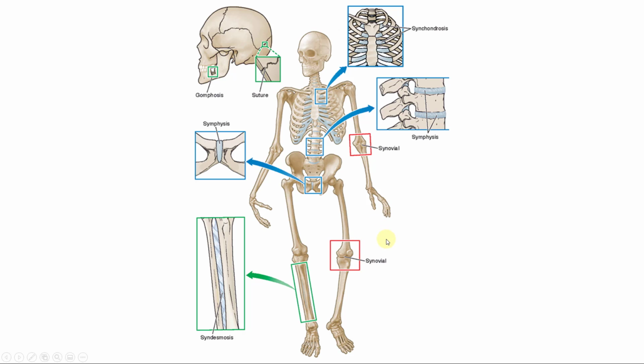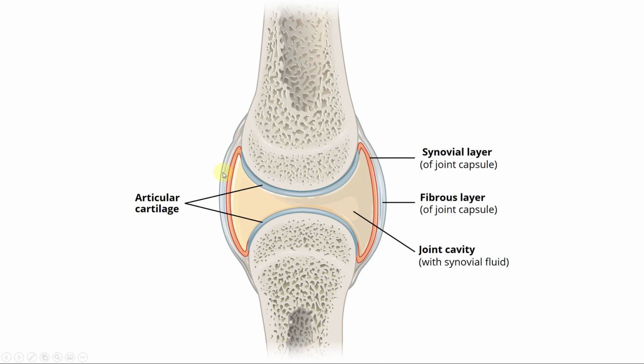Most of the joints that we shared in that little list, the elbow, knee, ankle, and so forth, are called synovial joints. And they're called synovial because they have a joint capsule. So you have the two bones coming together. This is the contact point between these two bone surfaces, and you have articular cartilage, which acts as a lubricant, a frictionless surface, and shock absorption. And then all of this is contained. You have fluid in here.